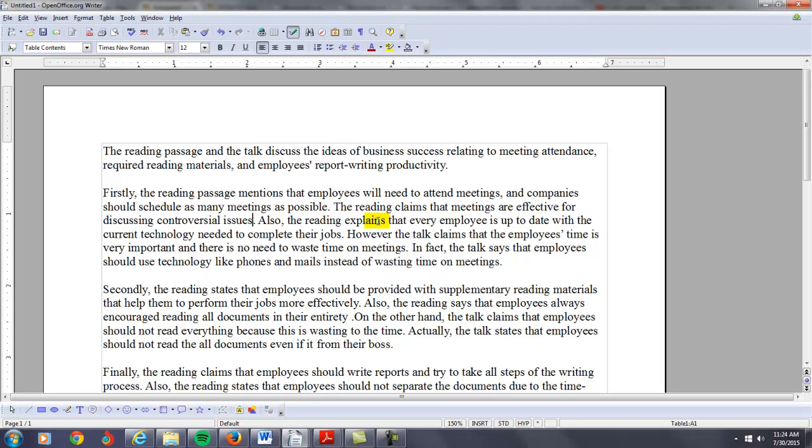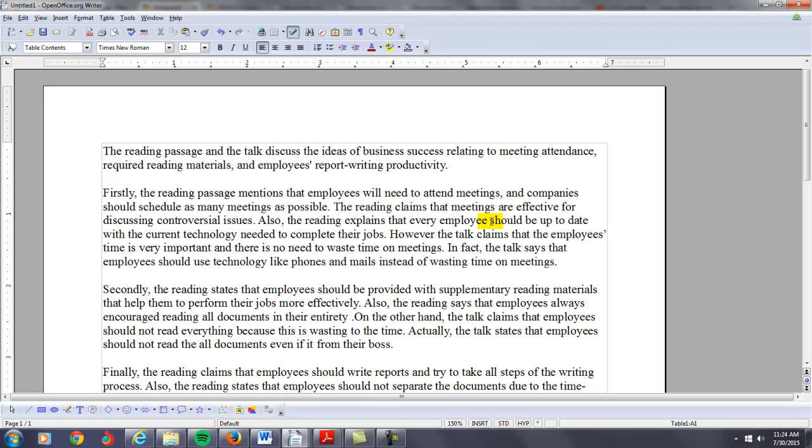Also, the reading explains that every employee, I would use this, say, should be up to date with the current technology needed to complete their jobs. However, the talk claims that the employee's time is very important.